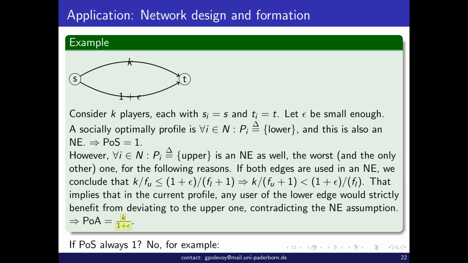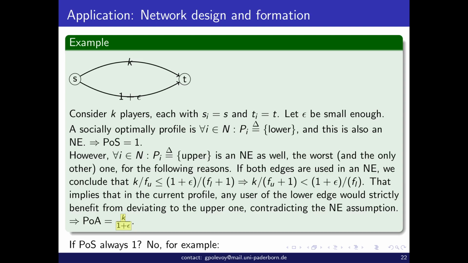That's an example where some regulation, some hinting to do something which is profitable, namely to use the lower edge, would be really instrumental. Now the question is, is the price of stability always 1?